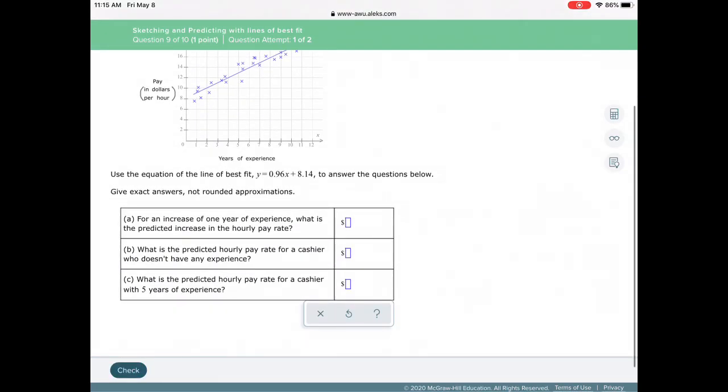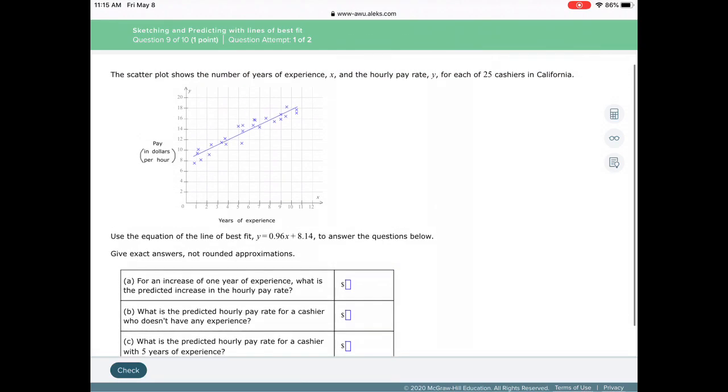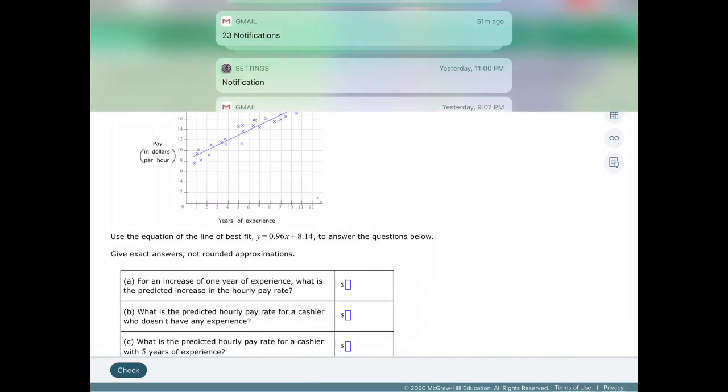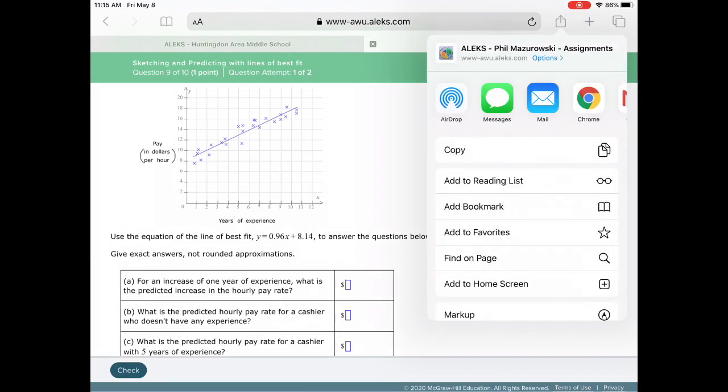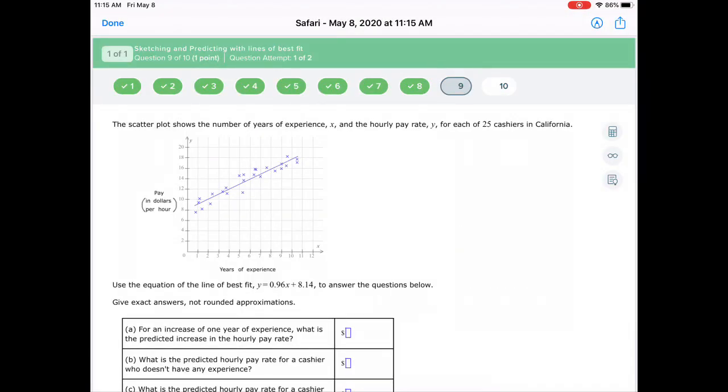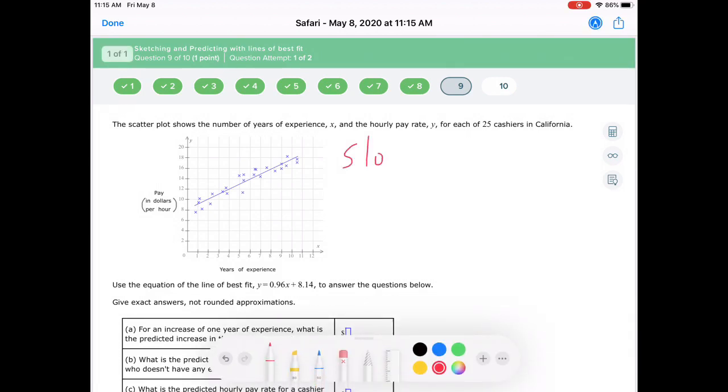All right, so for an increase of 1 year of experience, what is a predicted increase in hourly pay rate? All right, and this is another rate of change problem. I'm going to talk about this a little bit differently this time to get that deep understanding. We know we talk about slope as rise over run.